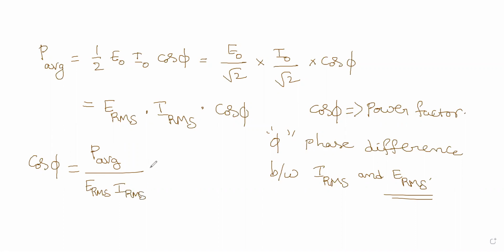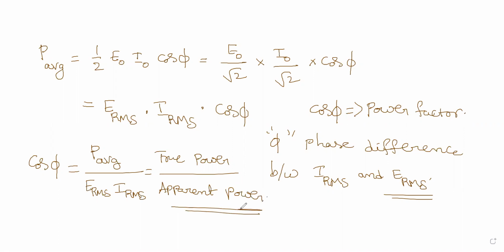It's also written as true power divided by apparent power. And also cos phi, from the triangle, you can say it is R by Z.